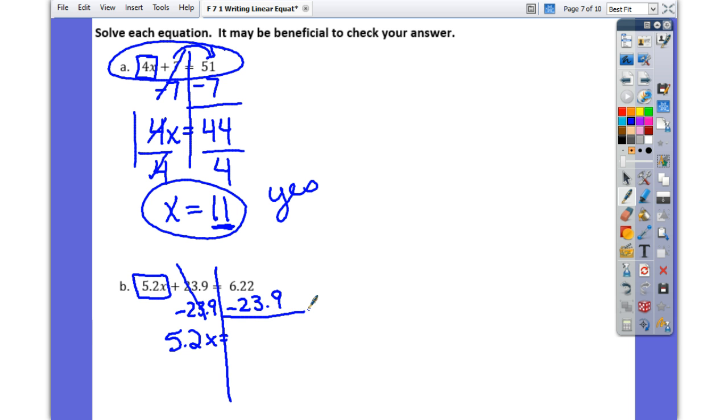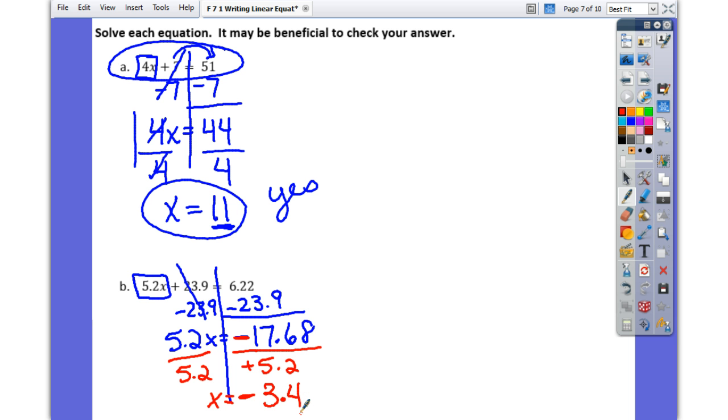We got a negative number. 6.22 minus, we got a negative 17.68, right? And then you had to do what to finalize this? Divide both sides by 5.2. And a negative divided by a positive is a negative. A negative what?